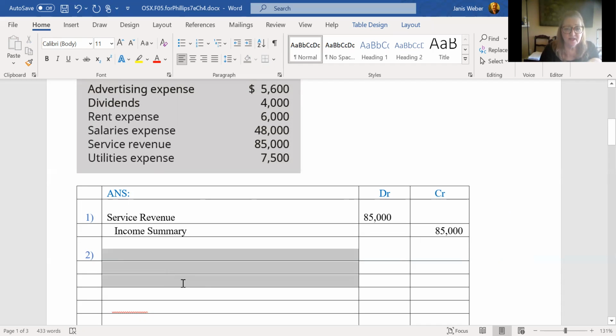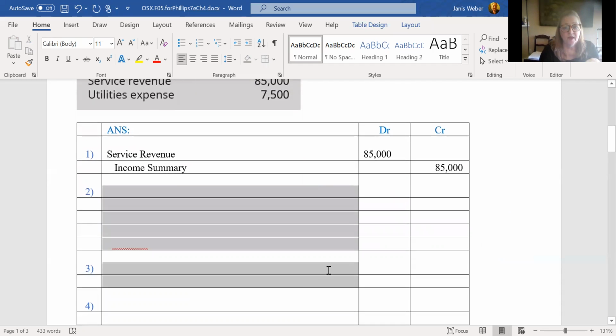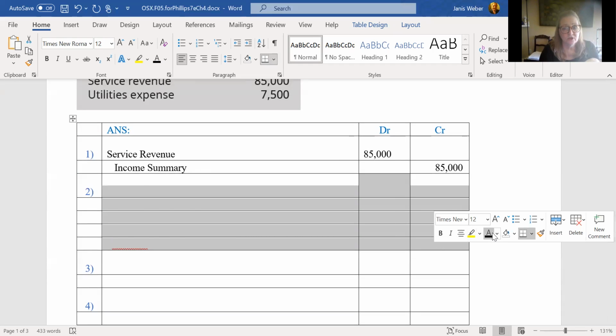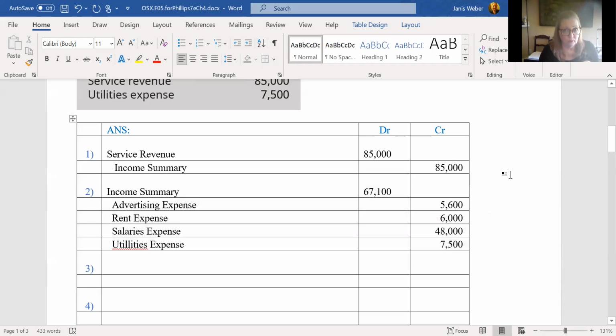So we're going to take each expense account one at a time, and we're going to close them, posting the opposite of their normal balance. Whatever their ending balance is, we're going to credit it if it's an expense. And that way it's going to wipe it out to 0. And we're going to collect up the total of the expenses in this super temporary account again called income summary. And that is a total of 67,1 in this case.